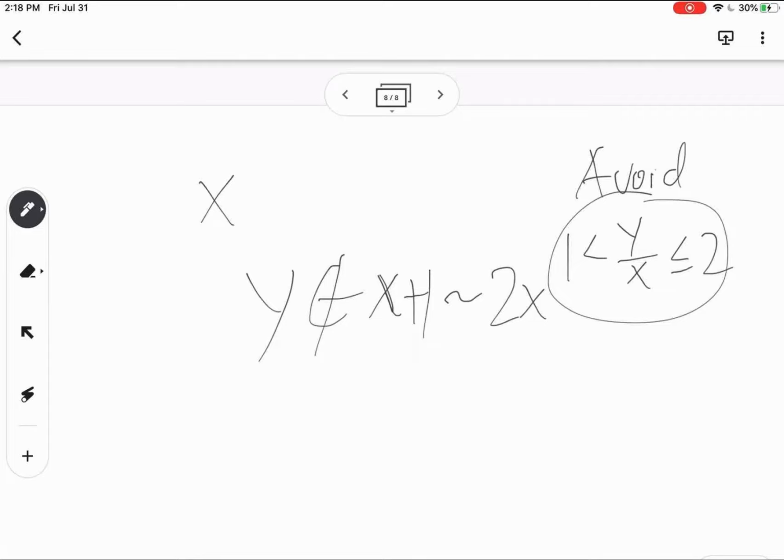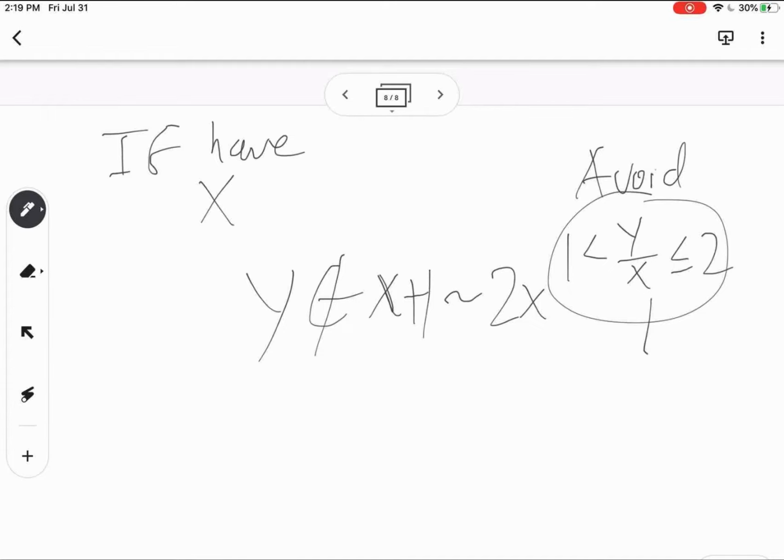And if you phrase it in terms of this, then it's pretty strong. If we have x, then we don't want something within x plus 1 through 2x. This hints at how we can do our pigeonhole. We have 7 numbers, so we want to divide this set into 6 subsets. Then if two numbers are in the same subset, it must break this.